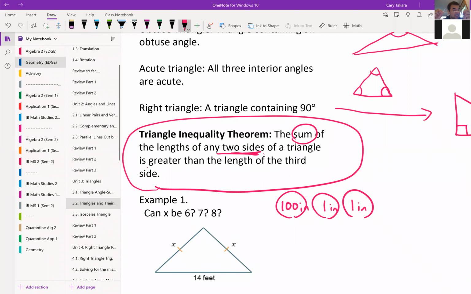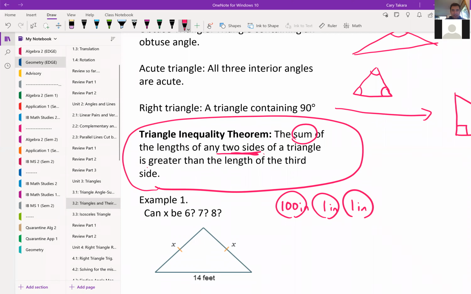Does that make sense? That's what the triangle inequality theorem says. The sum of two sides, 1 plus 1, needs to be bigger than the third side, which is 100. Okay, and in this case, you can't.